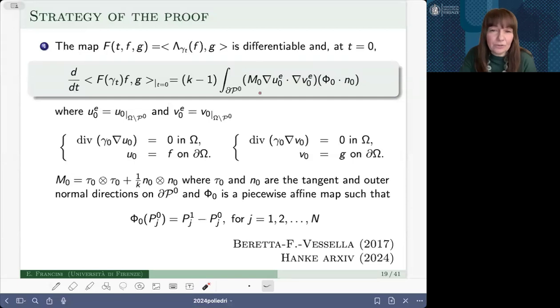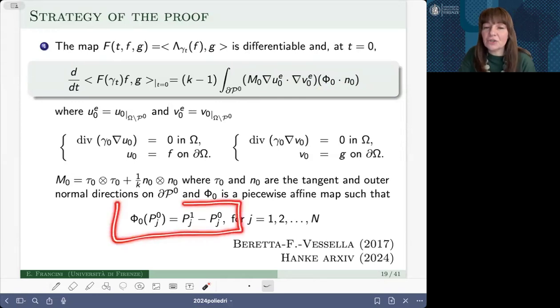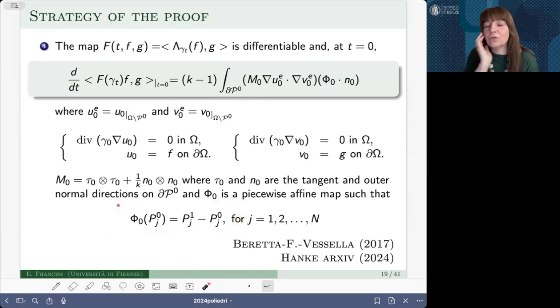And then we multiply this function by phi 0 times n0, where n0 is the normal direction to the boundary of the polygon. This phi 0 is a piecewise affine map that tells us in which direction we are moving our polygon P0 in order to reach the position of the other polygon.